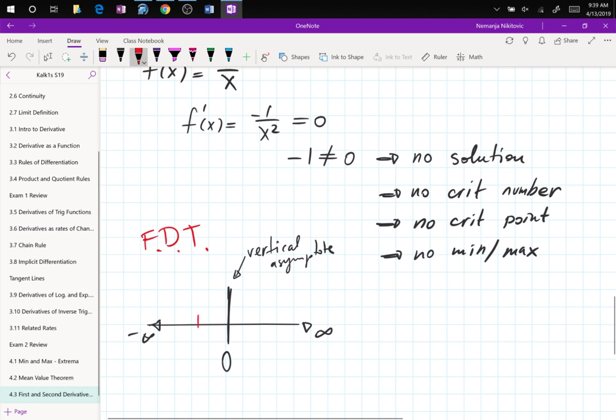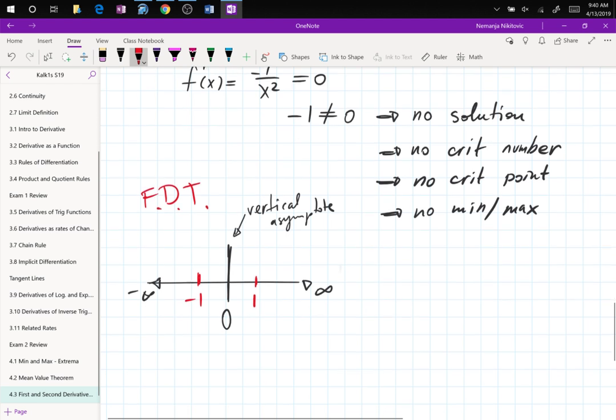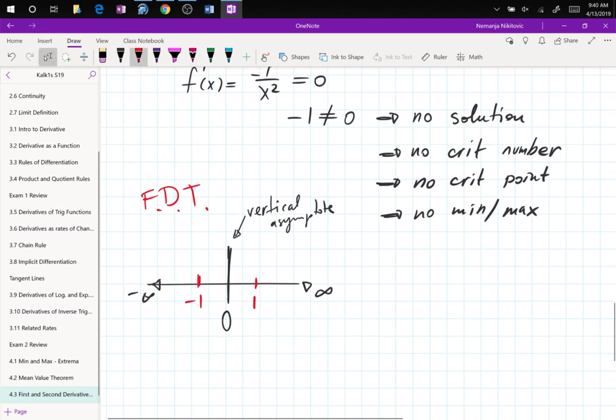I still pick my C values, which are test points, right? And now we calculate our first derivative at those test points.